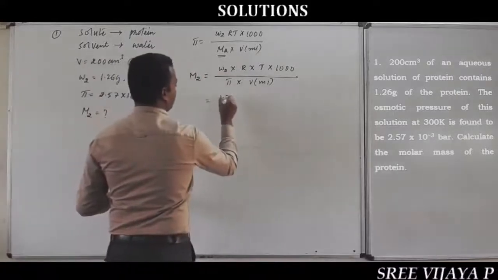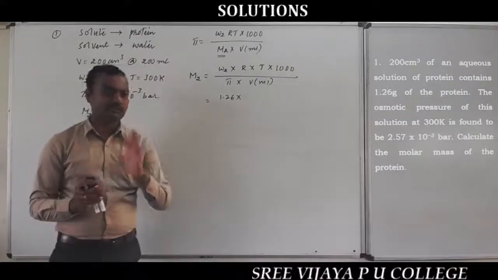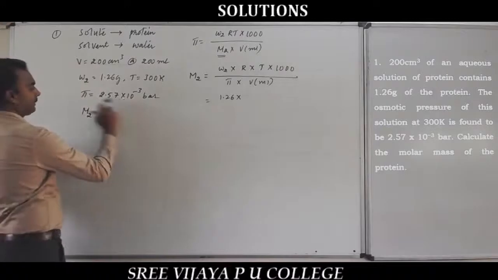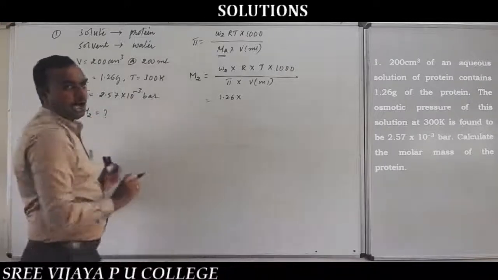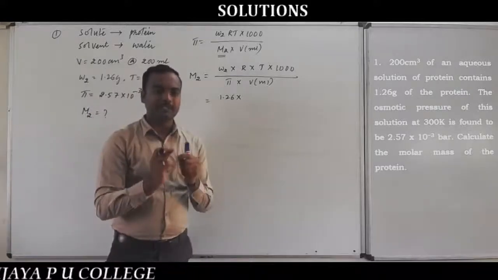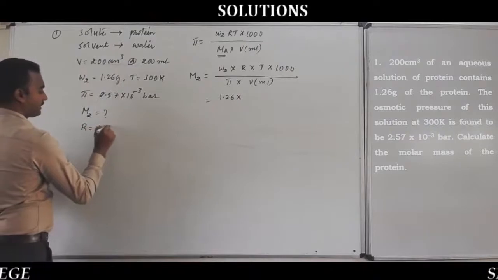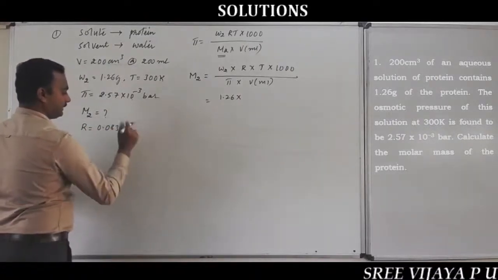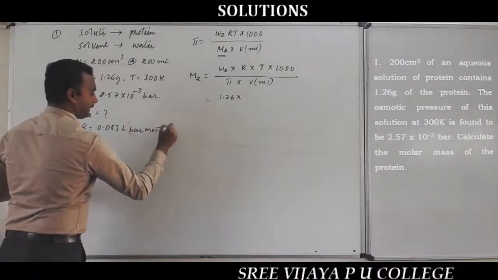Substitute the values. W2 is equal to 1.26. R value should have been given. Don't worry, the R value is given. Observe what the R value is here. Pi is in bar. I have already told you that when doing osmotic pressure, the R value depends on the pressure unit. Here it is in bar, so R value is equal to 0.083 liter bar per mole per Kelvin.